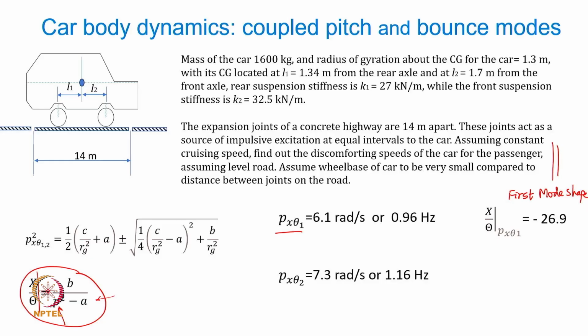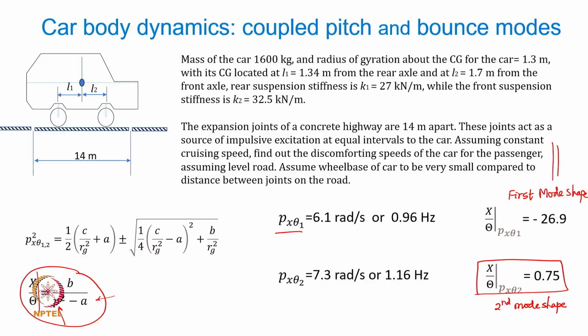I think we have seen in earlier slides that the motion of the vehicle will be both pitch and bounce. So, x and theta will define those kinds of motions. And similarly, in this expression, if you substitute for p_n theta 2, you would get the next mode shape, and that is basically the second mode shape. Okay, and that is given as 0.75.